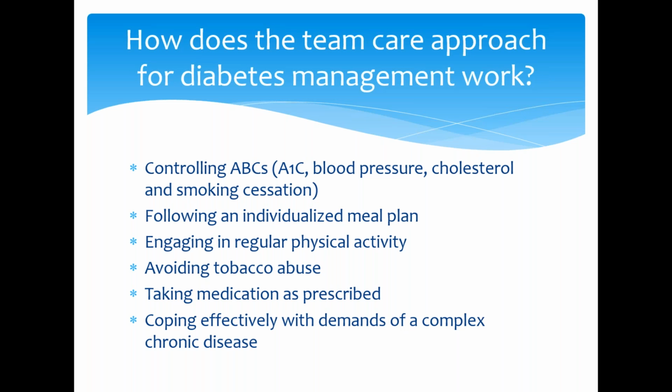And they do this by looking at and controlling their ABCs: the A1C, the blood pressure, the cholesterol, sort of like the schematic with the cardiac disease and similar, smoking cessation. Following an individualized meal plan, engaging in regular physical activity, avoiding tobacco abuse, taking medication as prescribed, coping effectively with the demands of a complex chronic disease. So all these things, we encourage them to let the team and their providers assist them in managing this. Okay, next slide.